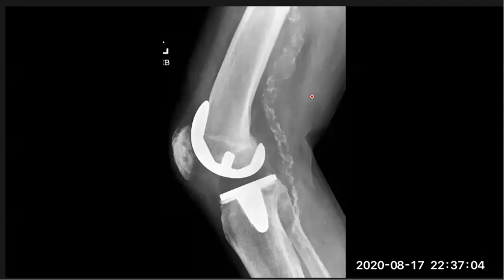Popliteal artery aneurysms are bilateral in about 60 to 70% and associated with abdominal aortic aneurysm in about 30 to 50%.